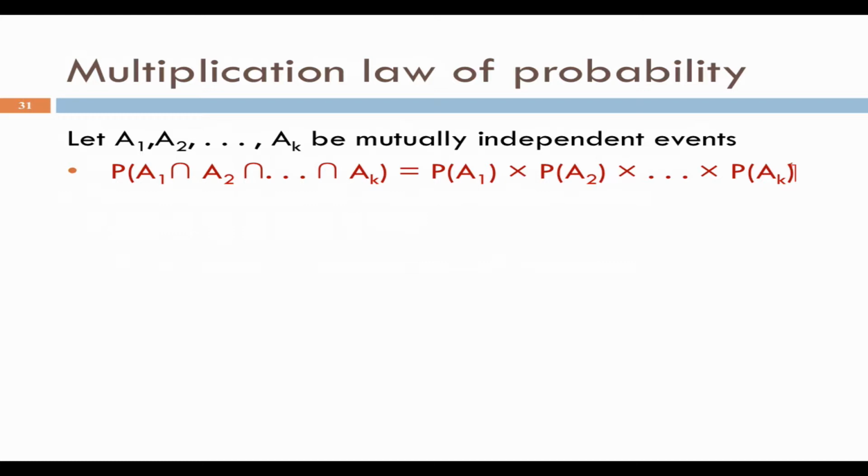So this is a law: when A1 to AK are mutually independent, the probability of their intersection equals the product of their probabilities. Although it might sound hard to understand at the beginning, it's nothing fancy. It's just an extension of the definition of independence.